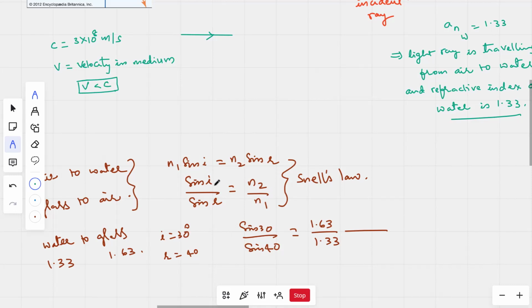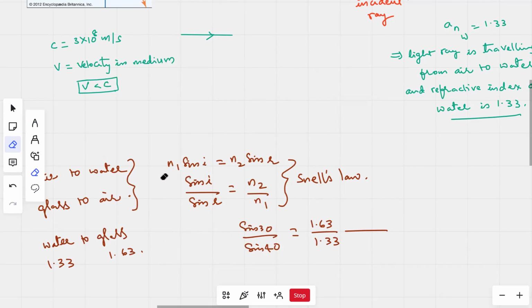That means the ratio of the sine of angle of incidence to the sine of angle of refraction is a constant. That is Snell's law. Got it? That means here the light ray is traveling from one medium to another medium, whatever it may be.